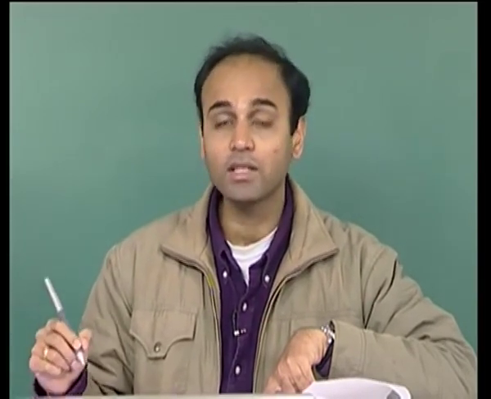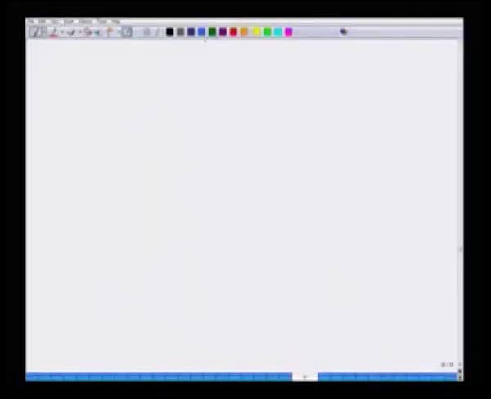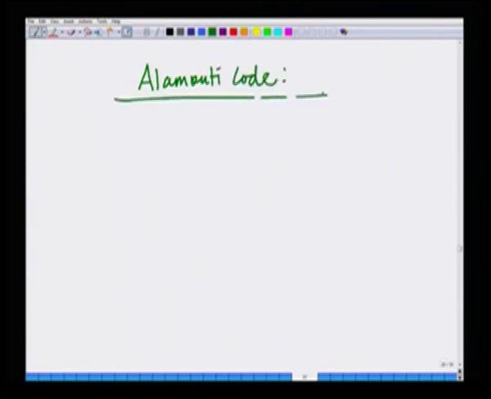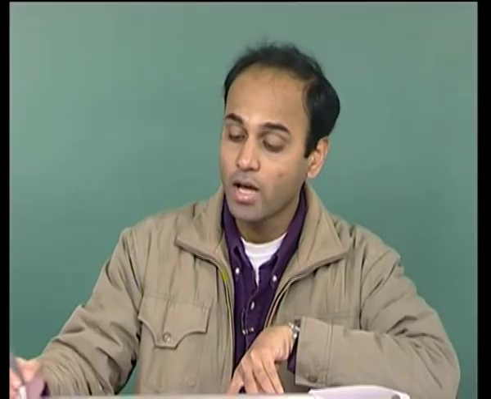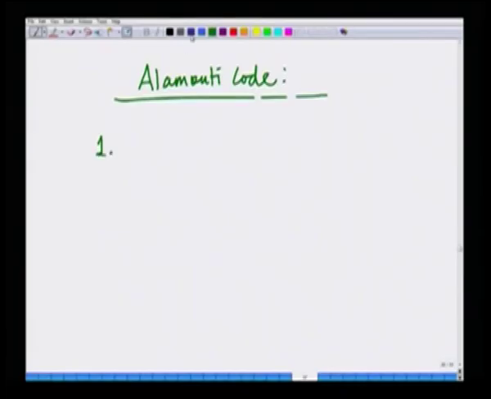What we want to discuss next is what is known as the Alamouti code. What is the Alamouti code? The Alamouti code is a space time code. I am going to list the salient points here.